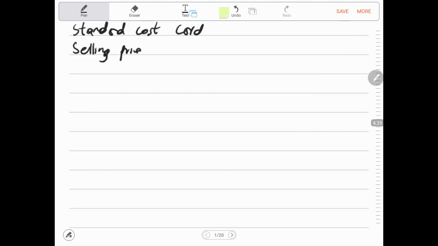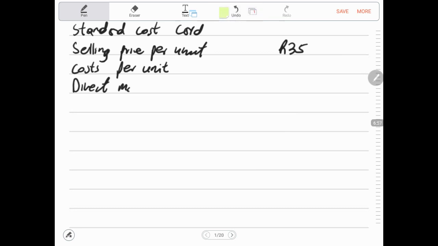Our selling price per unit is already calculated as an amount of 35 rand. Then after, we will have our cost per unit. Our cost per unit is made of direct material.